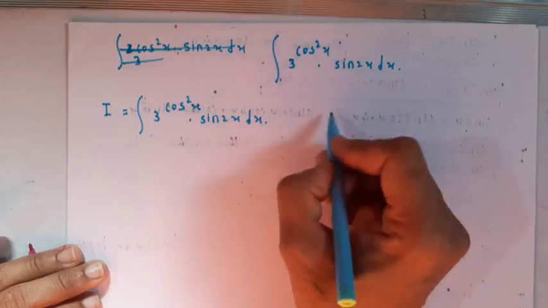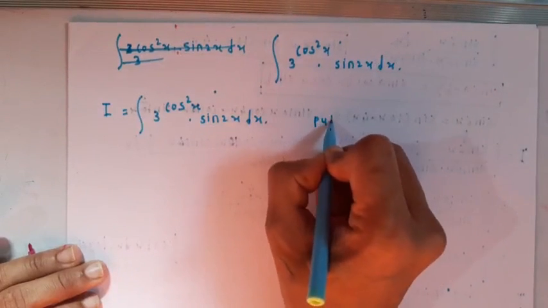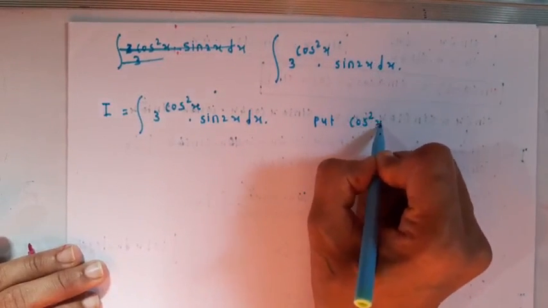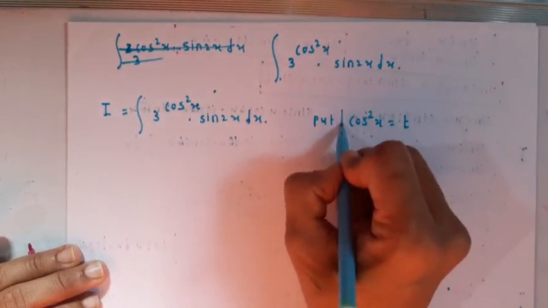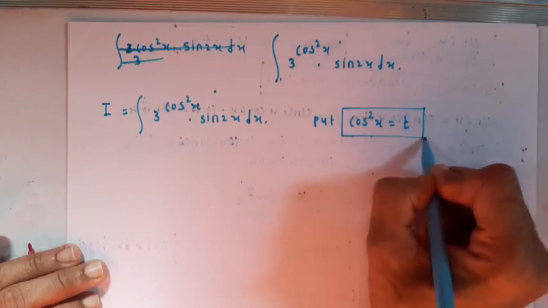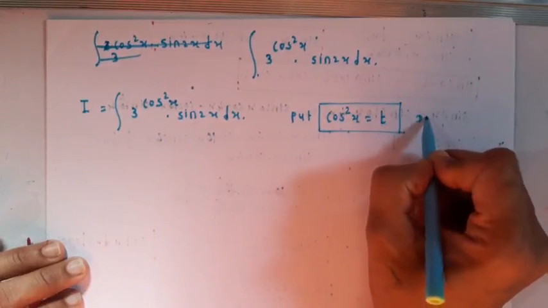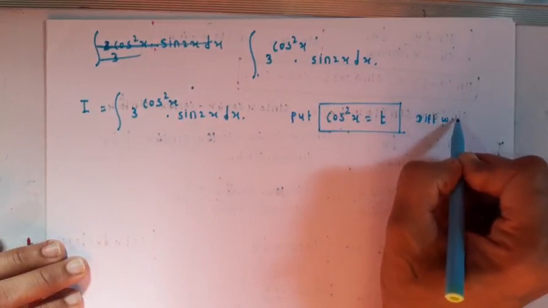Let us substitute cos square x equal to t. This is our substitution. Now differentiate the substitution with respect to x.